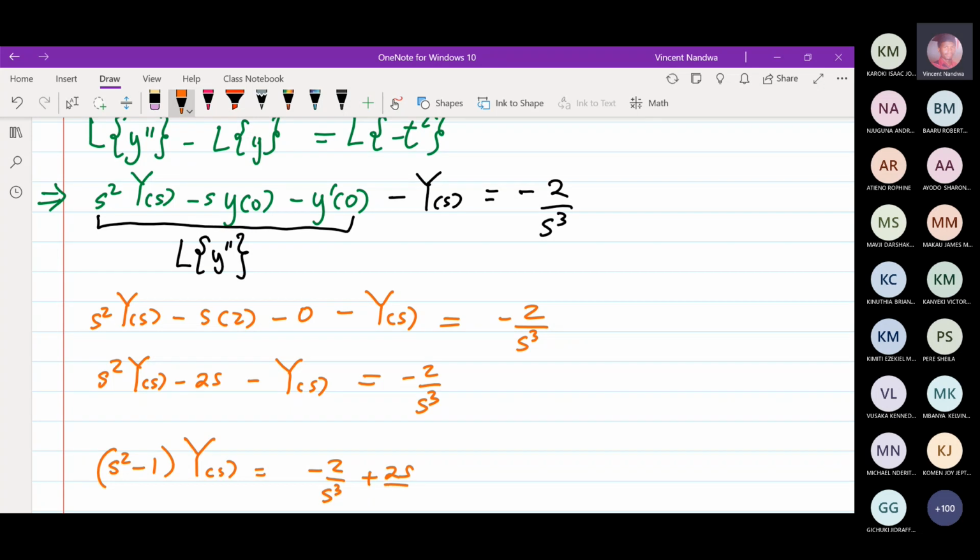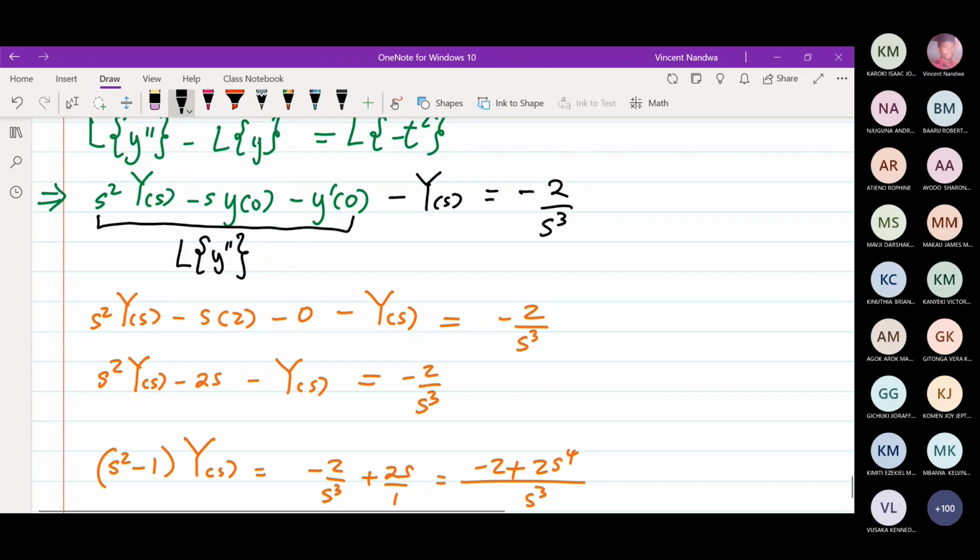And by the way, this will be minus 2 plus 2s to the power 4. Correct.